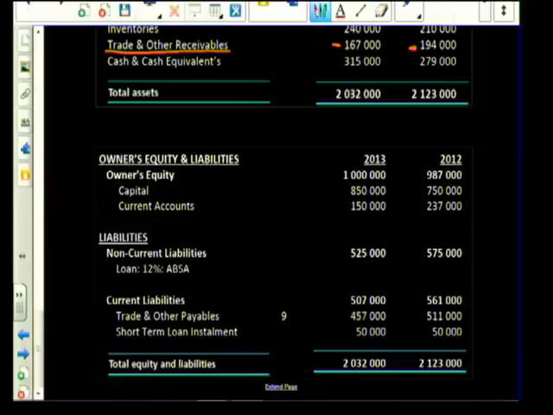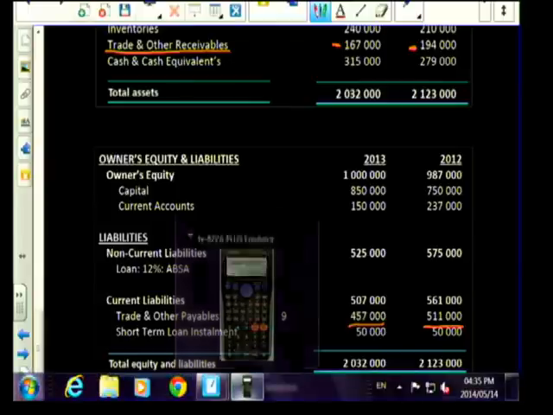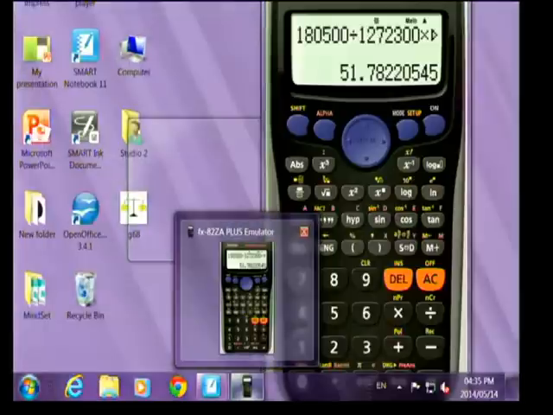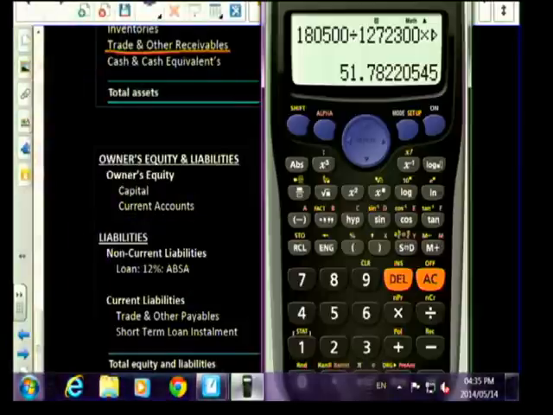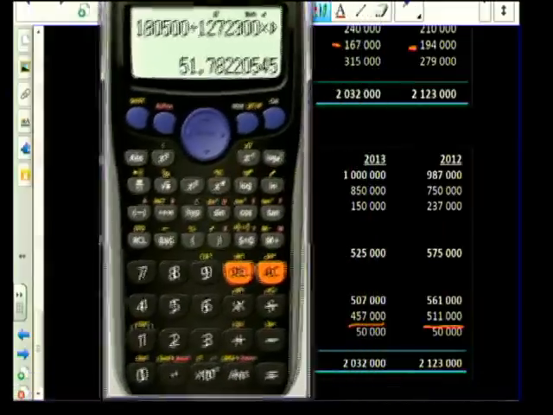Trade and other payables are 457,000 as opposed to 511,000. We need to work out the average. In the same way as we worked out the average debtors, we're going to add them together and divide by 2. So let's get the calculator on the screen.